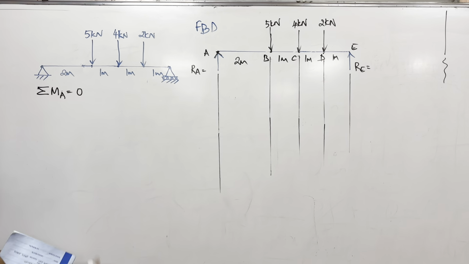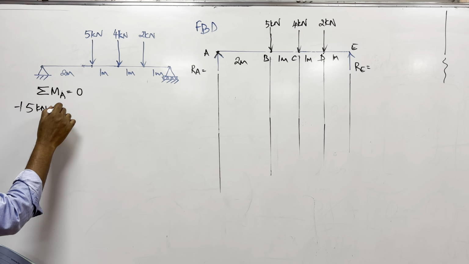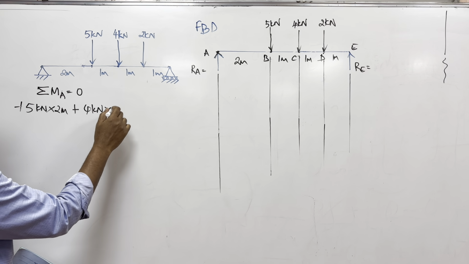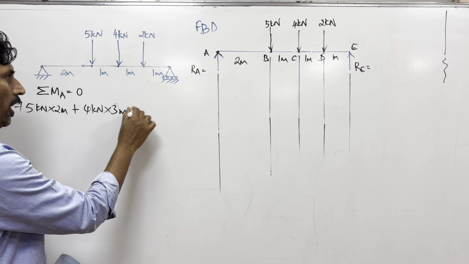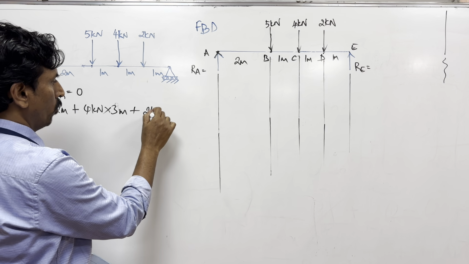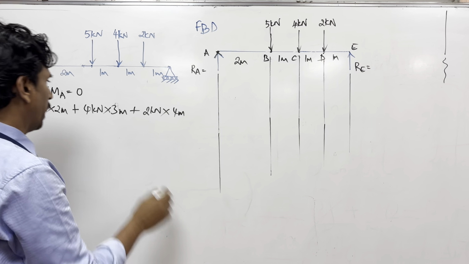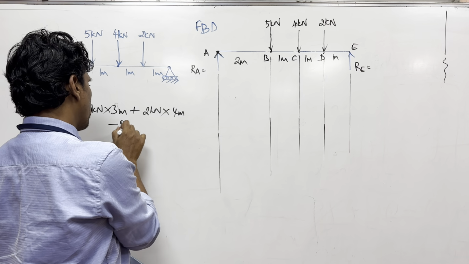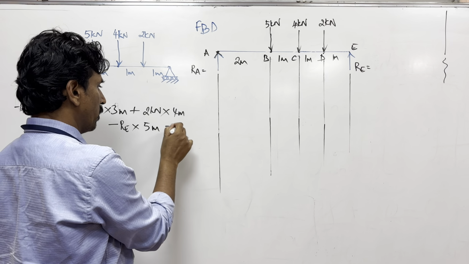So there are 3 downward forces. One is plus 5 kilonewton into 2 meters. Then again there is 4 kilonewton into 3 meters and plus 2 kilonewton into 4 meters, and there is one force which is going upwards, RE, that is not known to me. RE into how many meters? 5 meters, which is equal to 0.